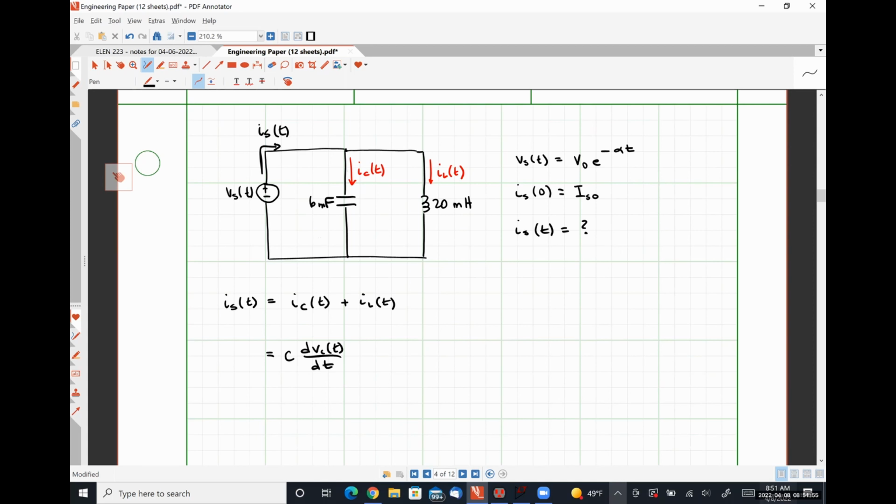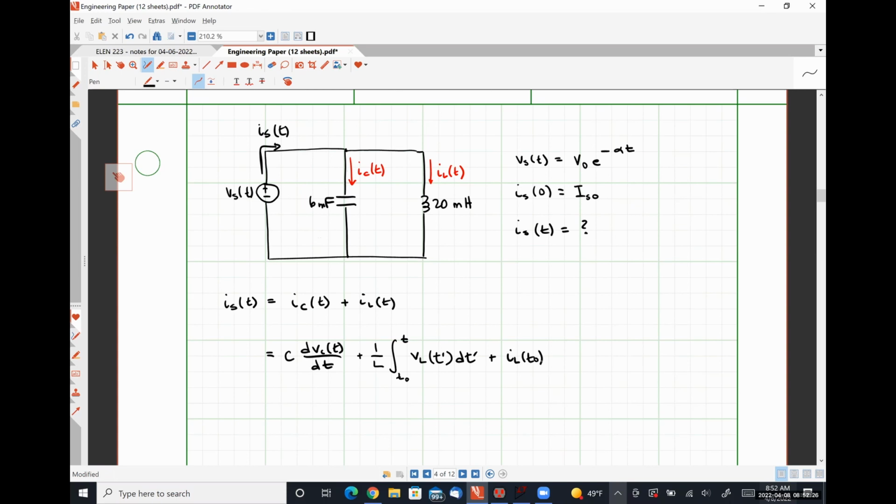And we know that our inductor current is 1 over L times the integral from t naught to t of our inductor voltage, plus the initial condition on our inductor. Okay.